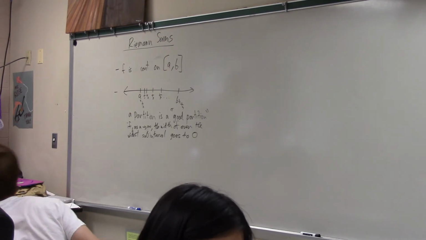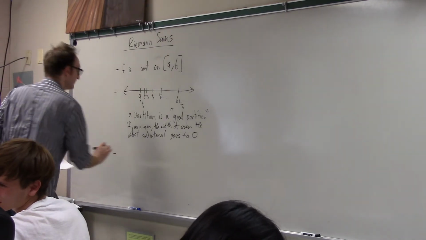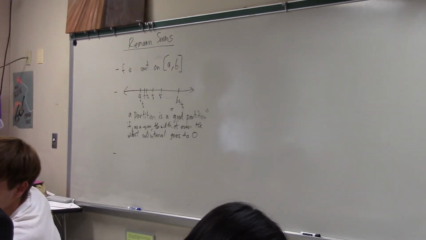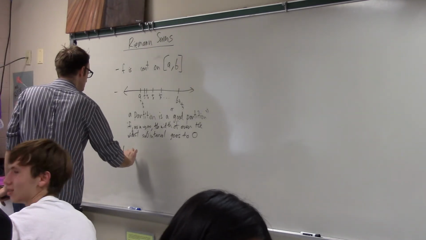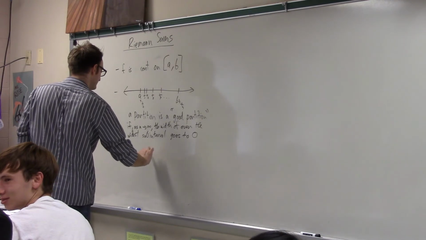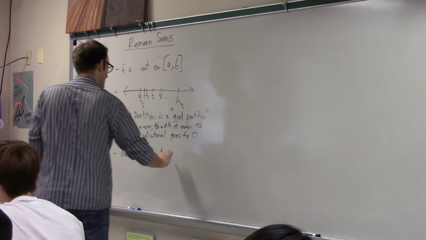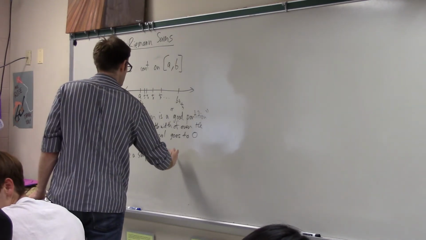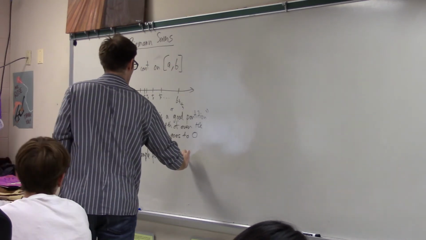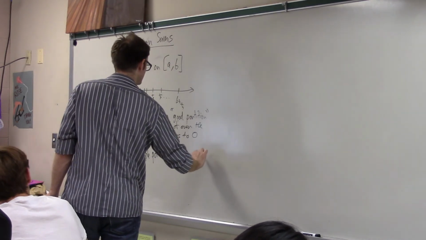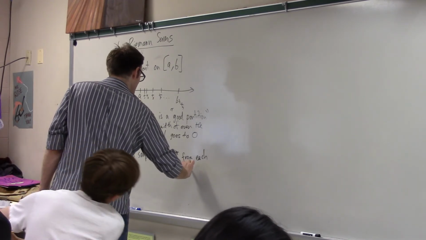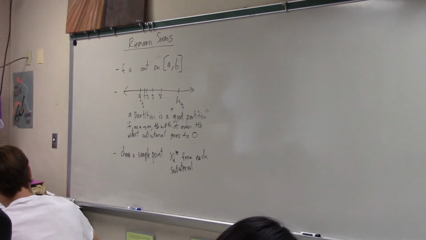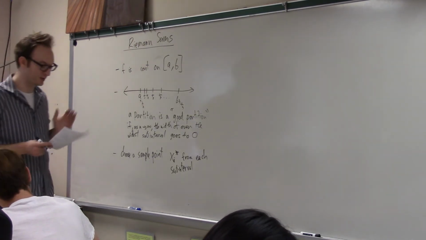And now, the final thing that we do is in each subinterval, we choose a sample point. We choose a sample point, x sub i star, from each subinterval. If you understand this technical theoretical background, I'm now going to tell you what a Riemann sum is.